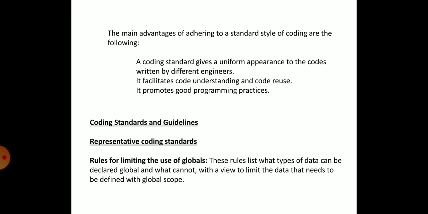Coding guidelines provide some general suggestions regarding how to implement a particular algorithm or data structure, regarding the coding style to be followed. But the actual implementation is, of course, left to the individual developers.